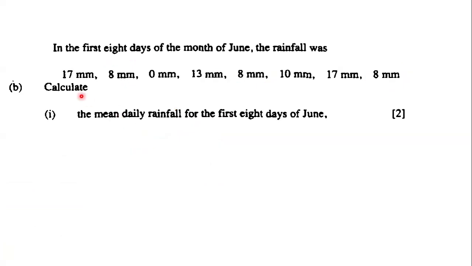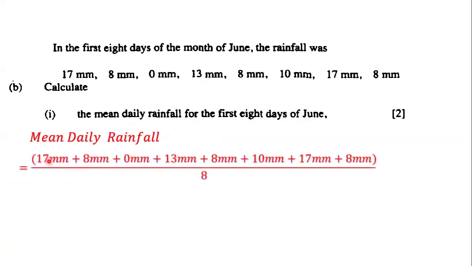Next, we have to calculate the mean daily rainfall for the first 8 days of June. Now, the mean is the average. So for the mean, you have to add up all of the numbers in your data set and divide it by the amount of data values that we have. So we have 17, 8, 0, 13, 8, 10, 17, and 8, which we got from here.